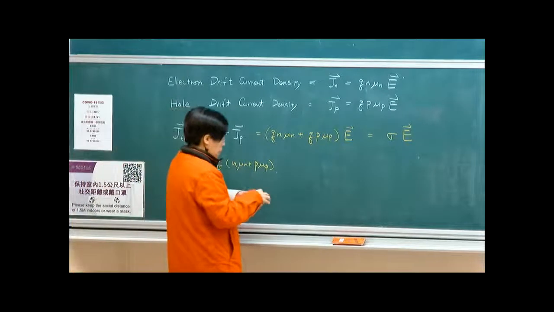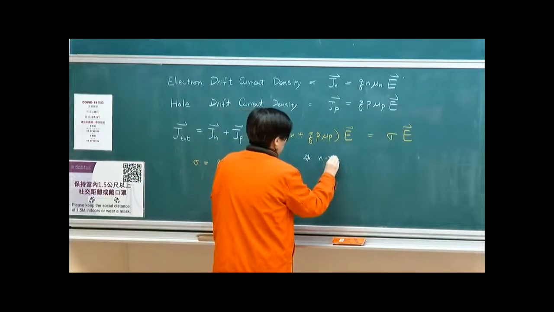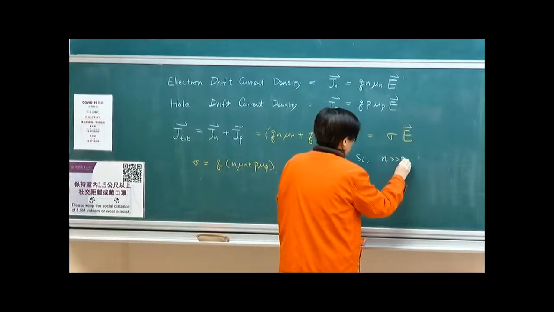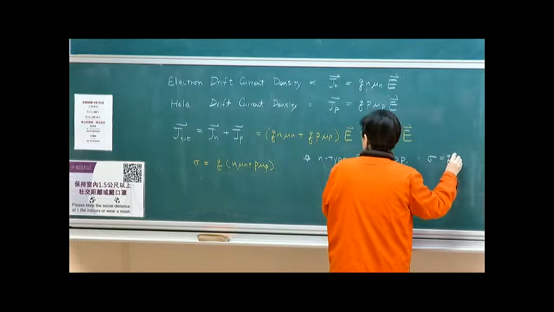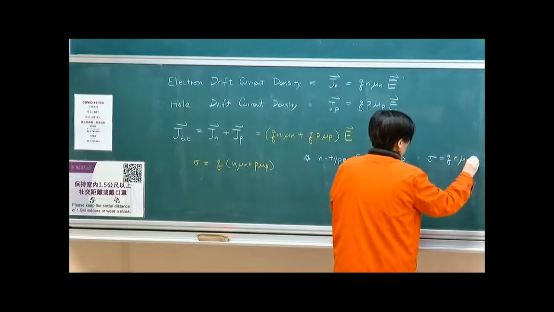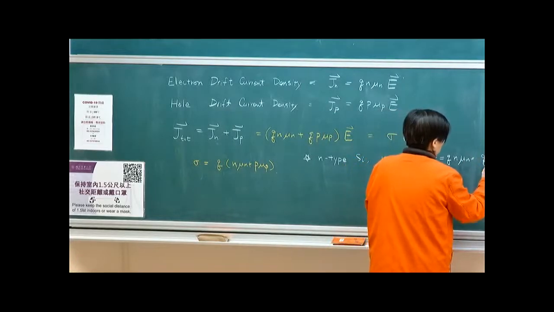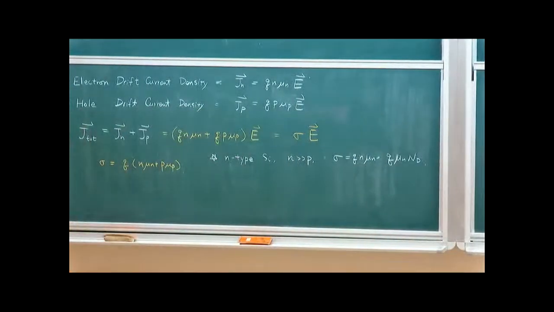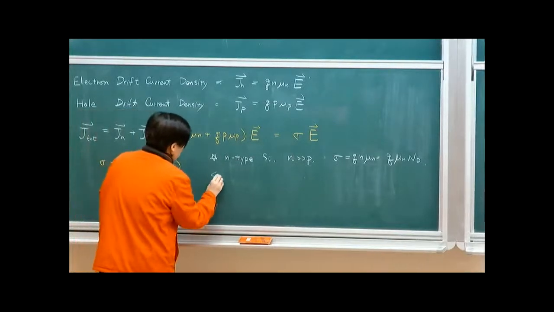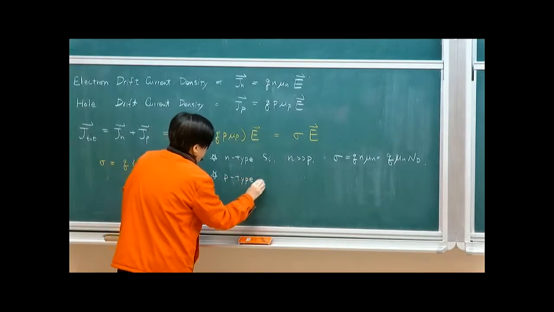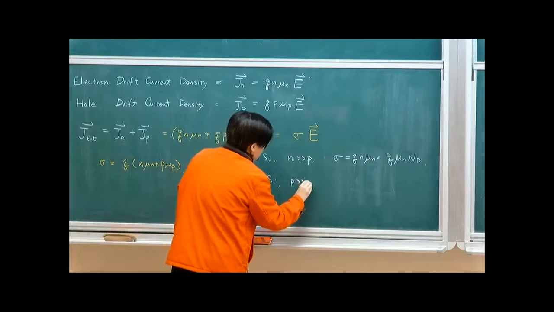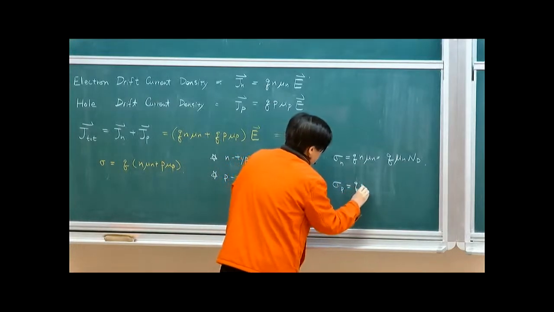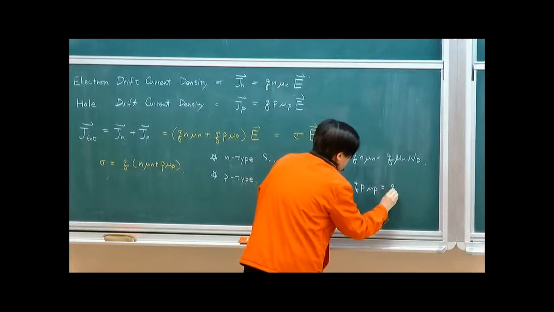So for n-type silicon, we know that n is much larger than p. So your sigma will be q n mu_n. Let me write it down. These are mostly constant, and it will depend on your doping level, right? For p-type, p is much larger than n, therefore your sigma for p-type will be q p mu_p.